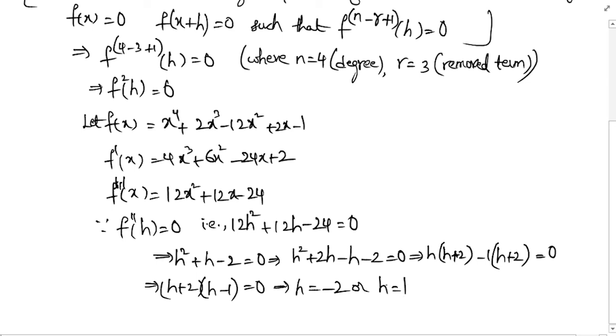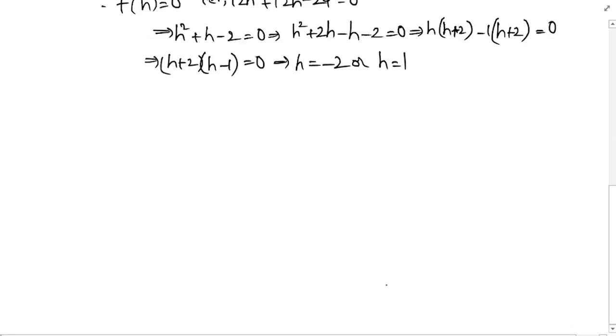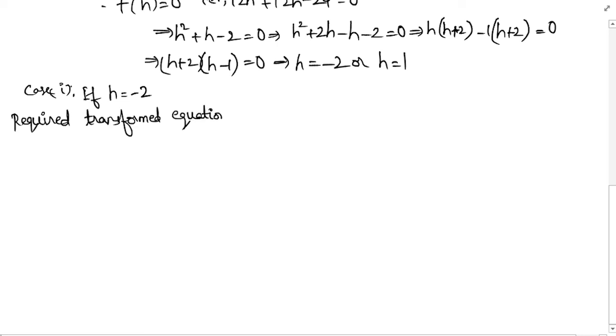Okay, so now we'll go with case 1 and case 2. First the case 1, if h is equal to minus 2, the required transformed equation is f of x minus 2 is equal to 0.